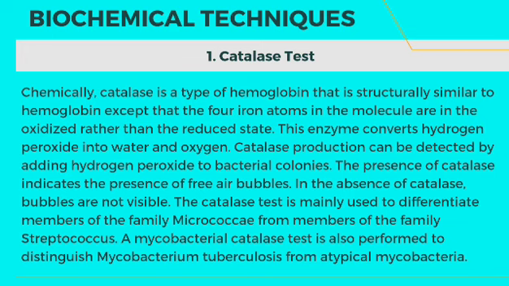Catalase production can be detected by adding hydrogen peroxide to the bacterial colonies, and the presence of catalase is indicated by free air bubbles. In the absence of catalase, bubbles are not visible. The catalase test is mainly used to distinguish members of the family Micrococcaceae from members of the family Streptococcaceae. A mycobacterial catalase test is also performed to distinguish Mycobacterium tuberculosis from atypical mycobacteria.